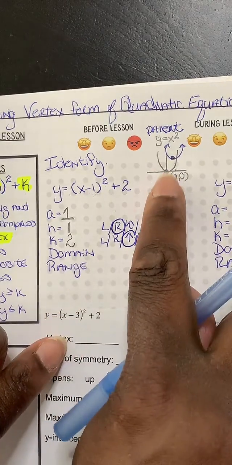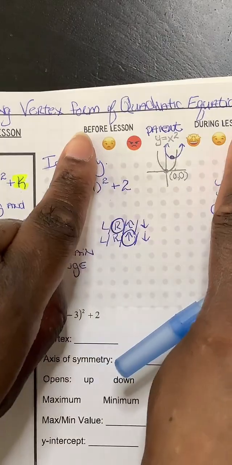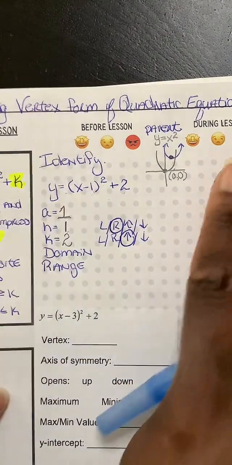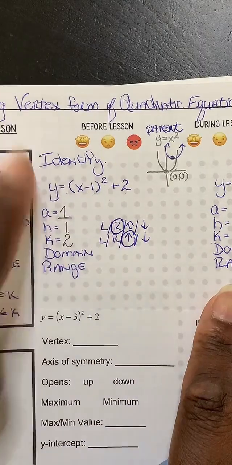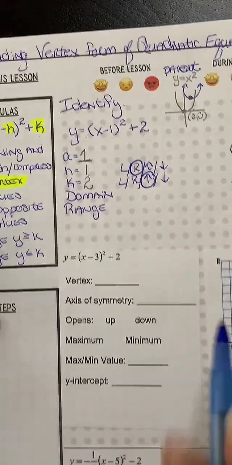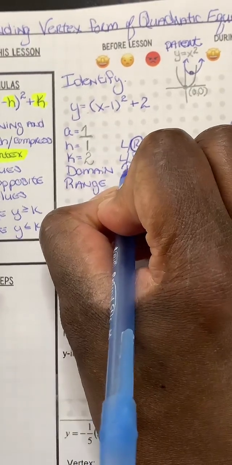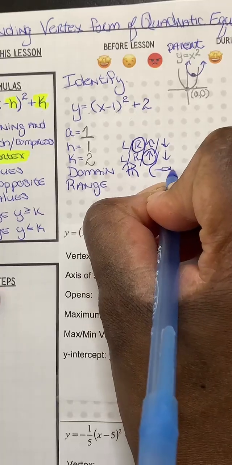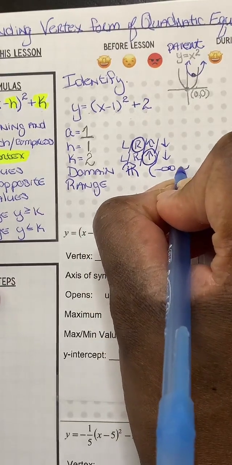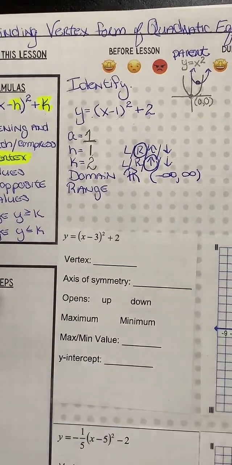If I expanded this graph, it's going to go up and out all the way to infinity, to positive infinity to the right and negative infinity to the left. So that's why we say the domain is all real numbers. Or you can have it as negative infinity to positive infinity if you're doing the interval notation.